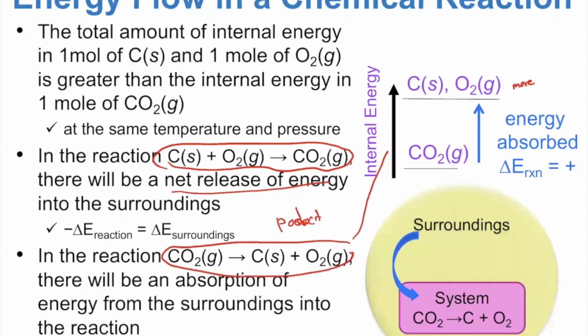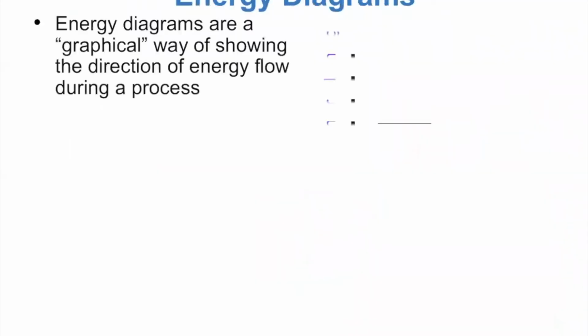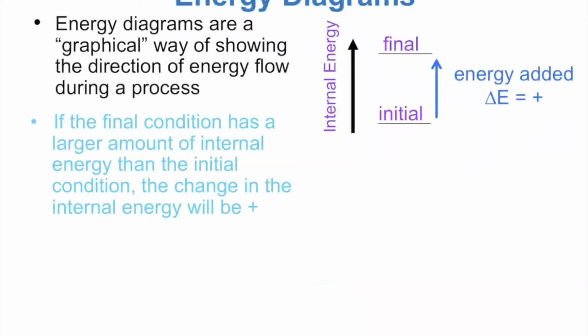So in this case, the reaction is going to be positive because it's getting energy from your surroundings, and your surroundings are going to have a negative sign. These are your energy diagrams, in which we show the final conditions of your reactants and your products.